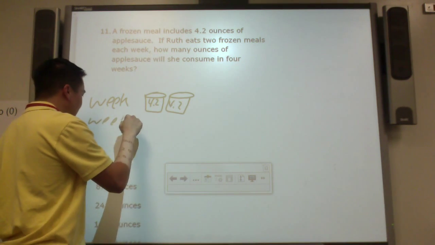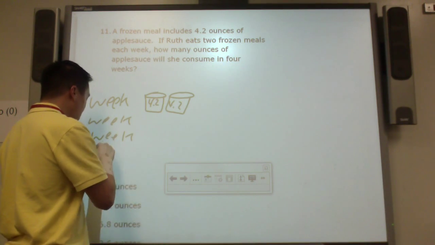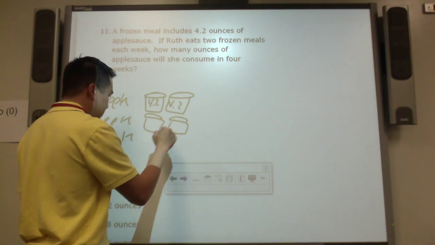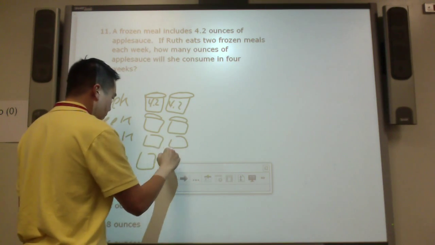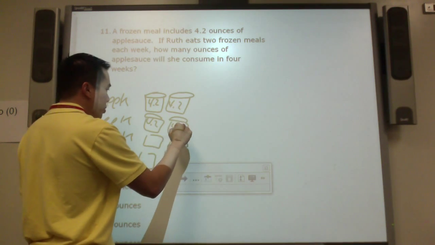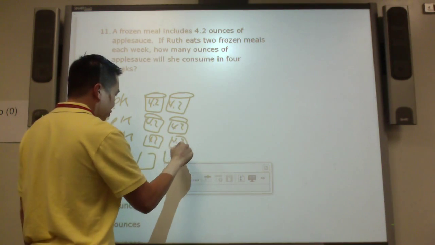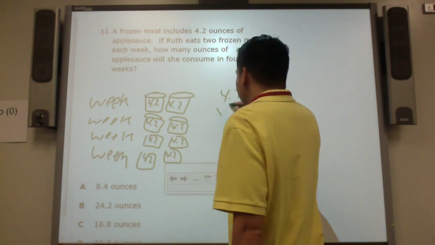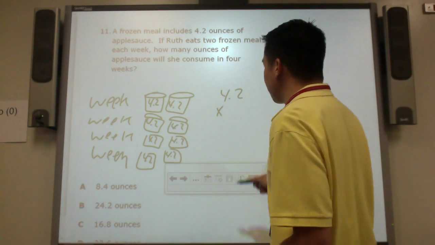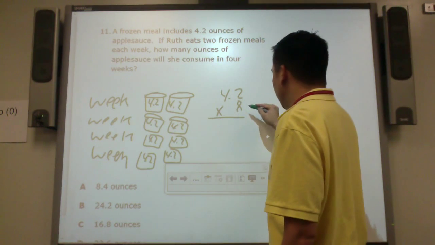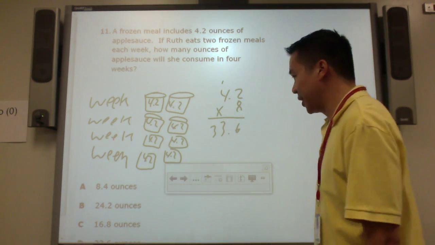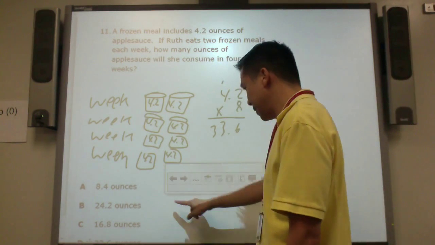So each week she eats 4.2. So she eats 8 containers of applesauce. 33 and 6/10, which is D.